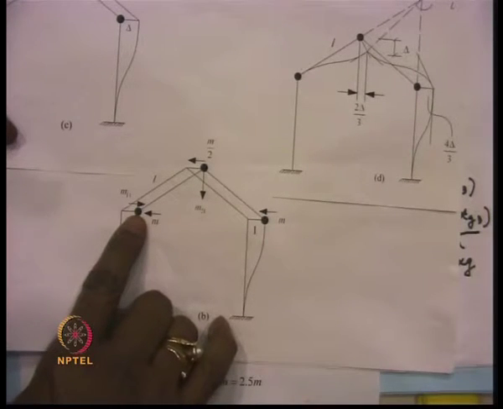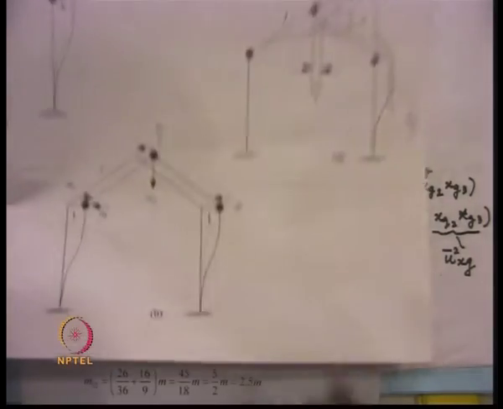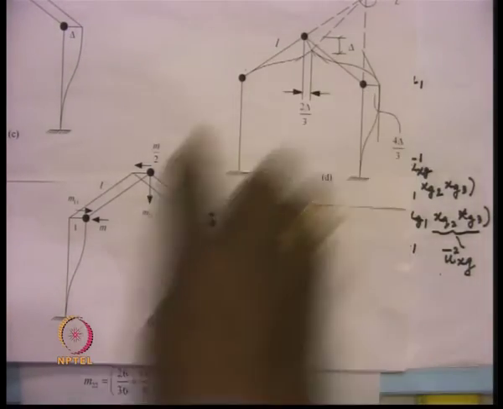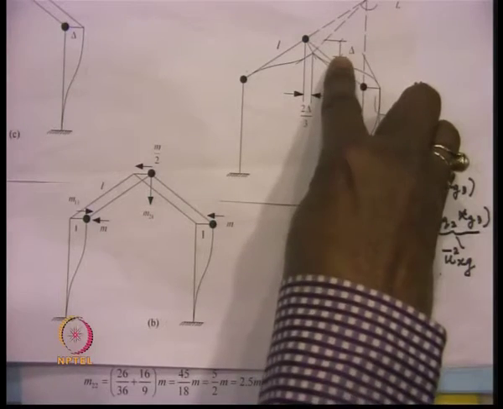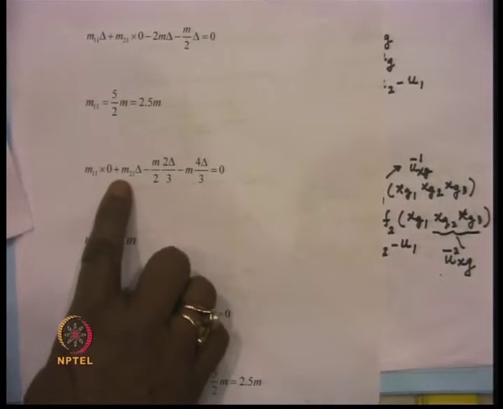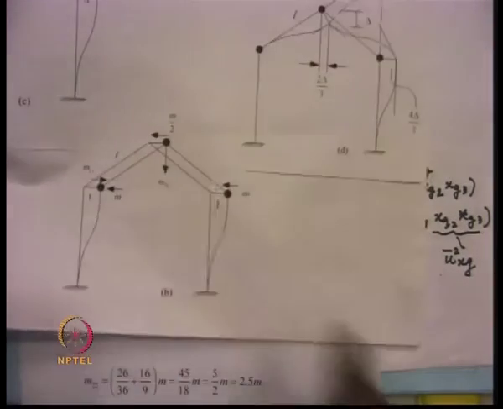So, m11 will be multiplied by 0 plus m21 into delta, that is m21 is acting in this direction, and we have given a virtual displacement of delta over here. So, m21 into delta, then minus m by 2 into 2 delta by 3.